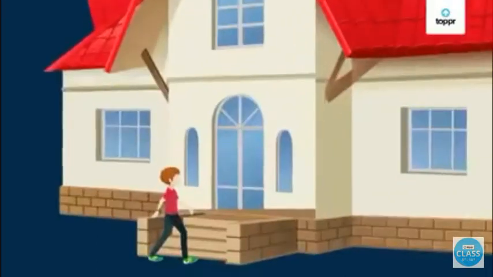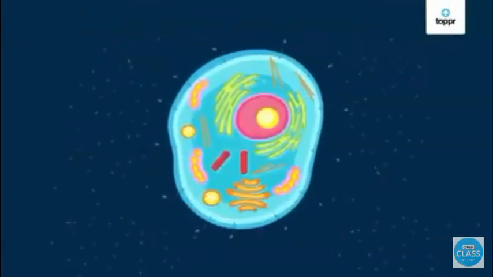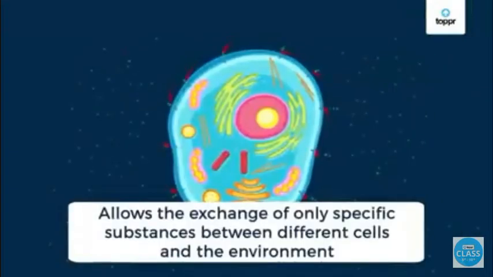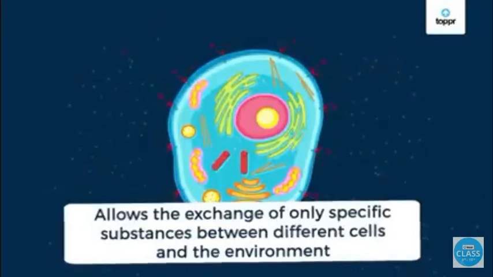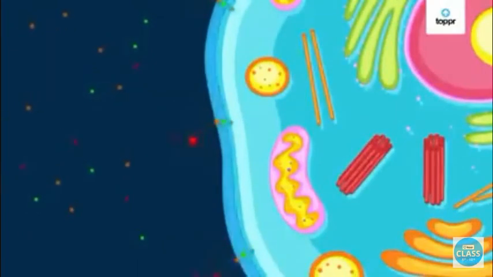You know that the doors of the room allow us to go in and out. Even the cell membrane has its own doors to let things in and out. Cell membrane allows the exchange of only specific substances between different cells and the environment. The membrane only allows few substances and blocks the rest.